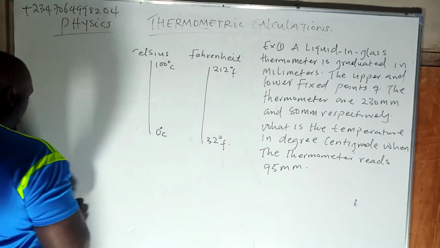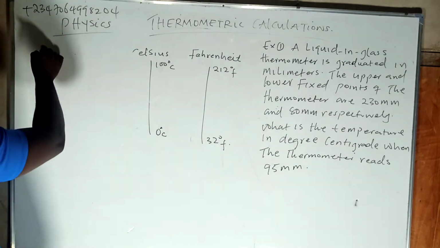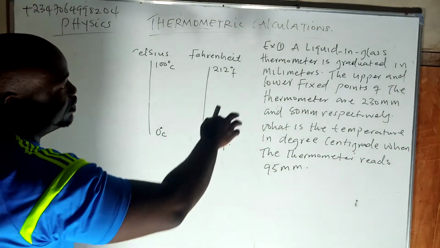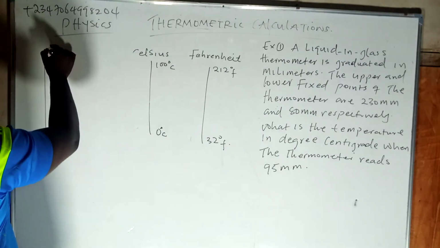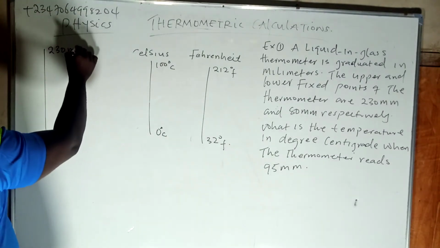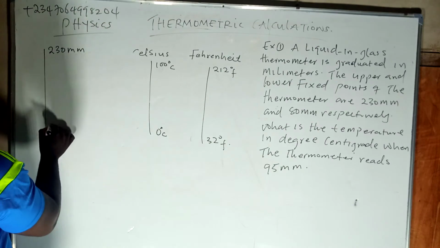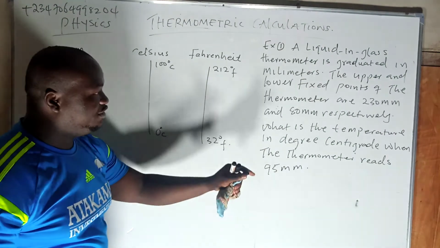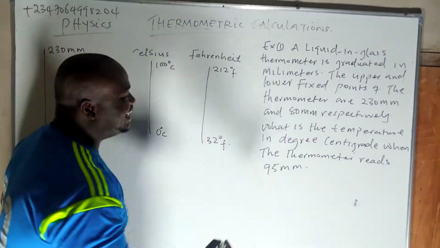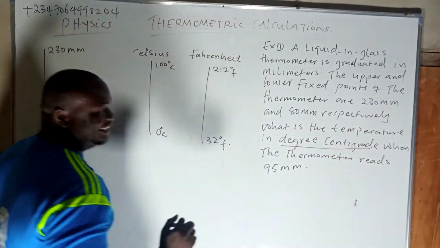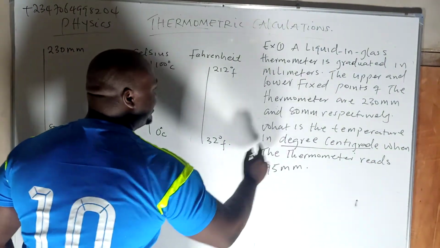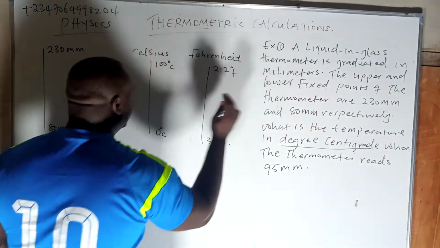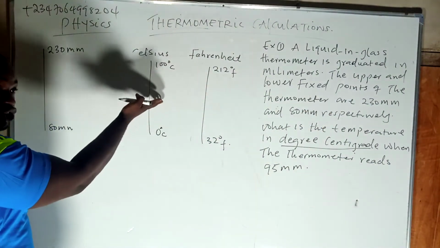So, what you will do is, you will simply draw a straight line. The upper fixed point is 230 millimeter and the lower fixed point is 80 millimeter, respectively. What is the temperature in degree centigrade? This degree centigrade means that you should compare this scale to the Celsius scale.